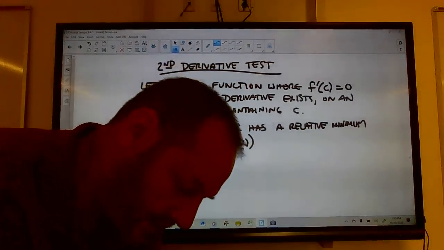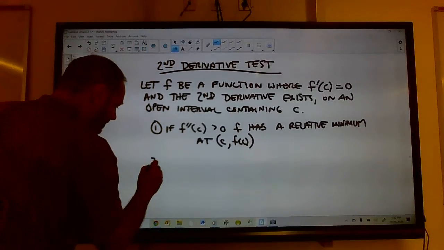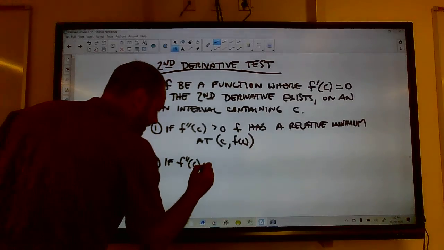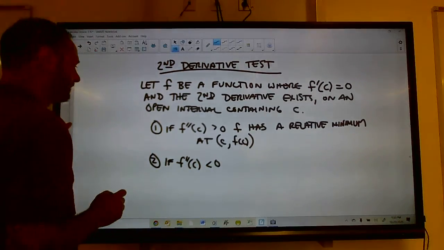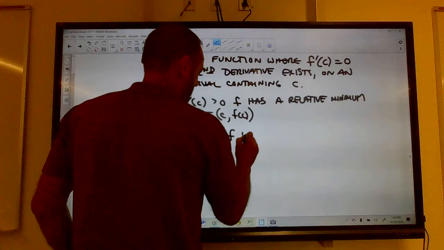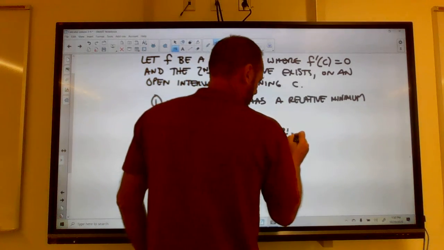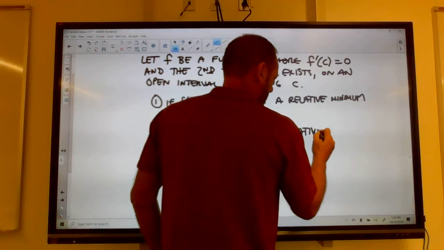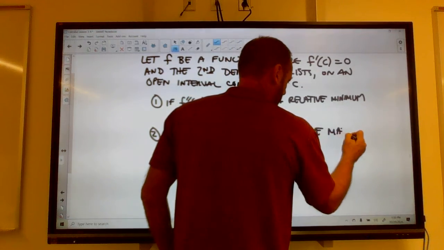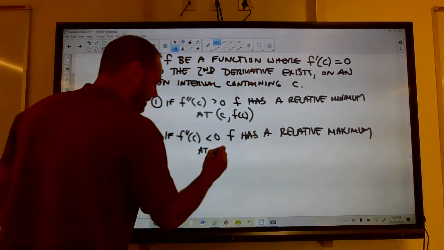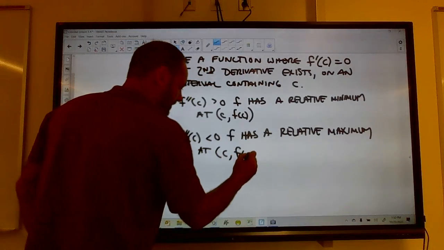And 2, if f double prime of c is less than 0, f has a relative maximum at c, f of c.